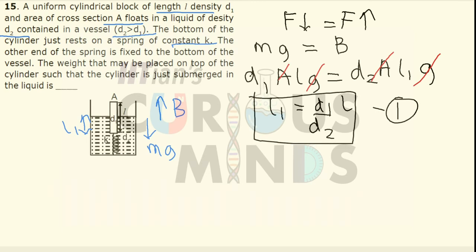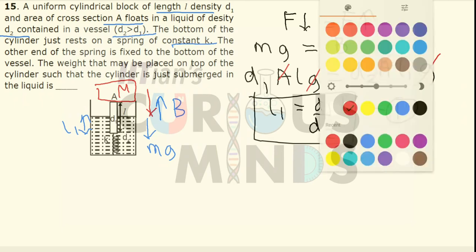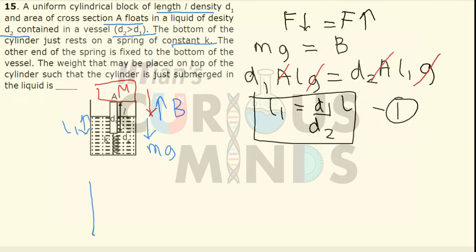After that, it is given that a certain amount of mass, let us say m, is added on the top of the block, such that when I add mass m on the top, it will push the cylindrical block inside the liquid. So in the second case, the scenario will look somewhat like this.